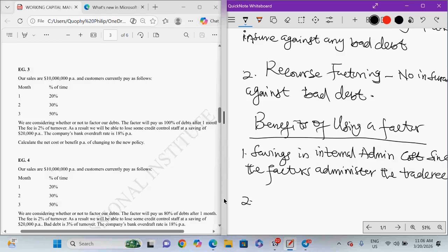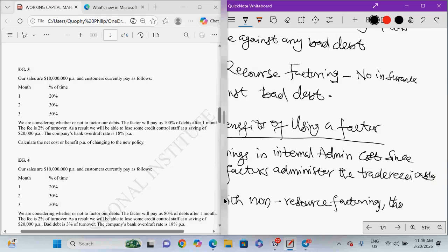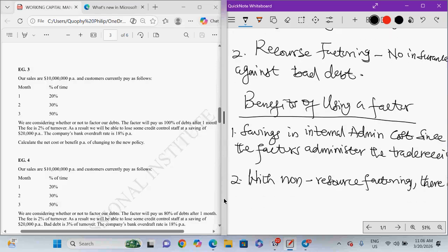Also, there is a reduction in bad debt. So with non-recourse, to be precise, with non-recourse factoring, there is a reduction in the cost of bad debt.